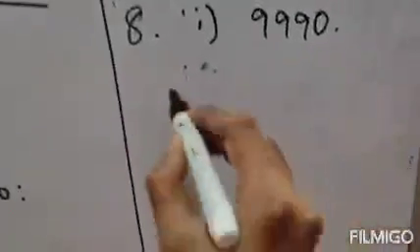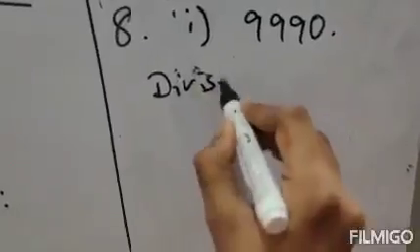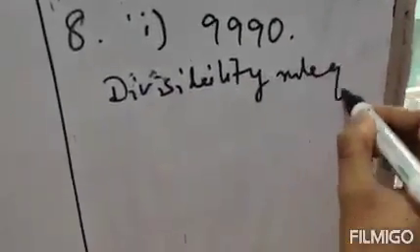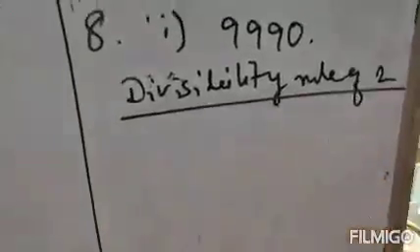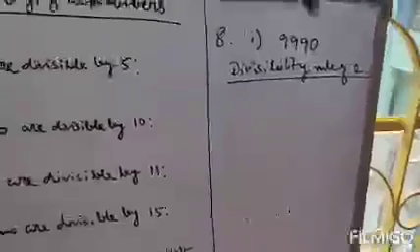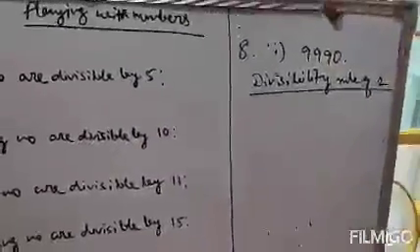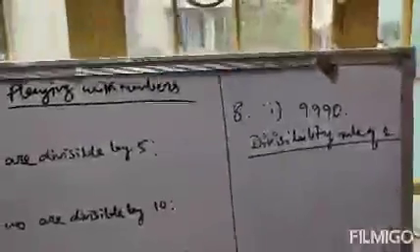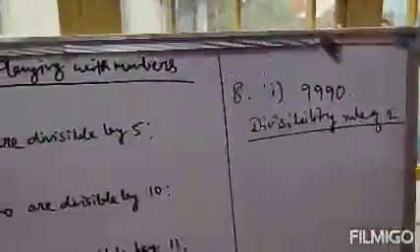So just make a heading first, divisibility rule of 2. What is the divisibility rule of 2? The unit digit should be 0, 2, 4, 6, 8. If the unit digit of a number is among these numbers, then the number will be divisible by 2. Clear?